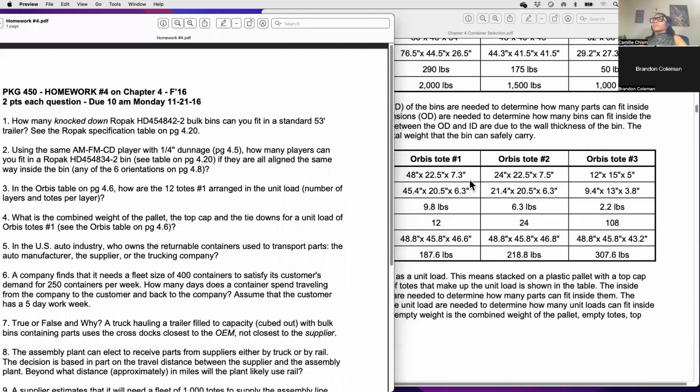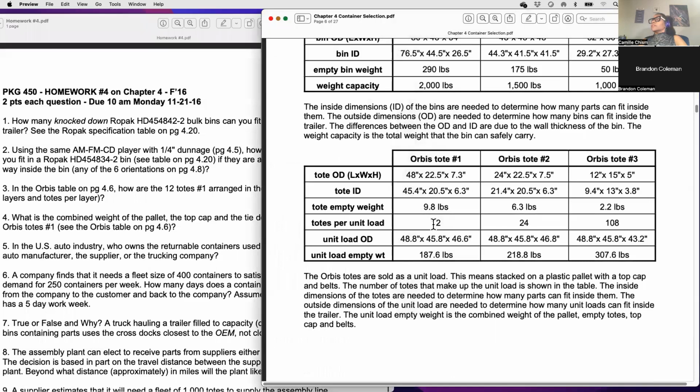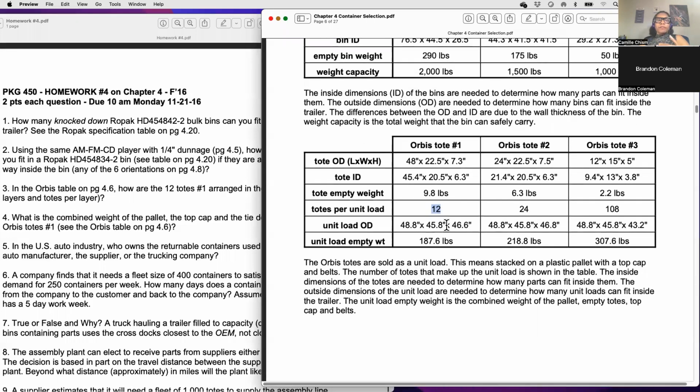Okay. So this one here is asking you, what does that pallet pattern look like? How do they come up with 12? So look at how many layers, how many totes per layer, how many layers go on a pallet for your unit load. So you basically are trying to figure out, how did they get to the 12?